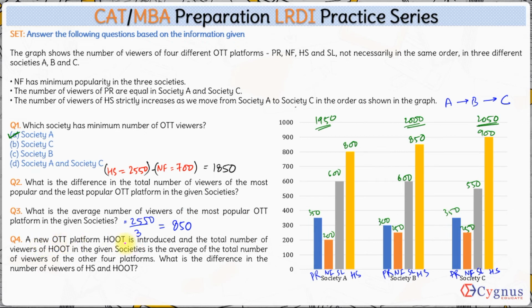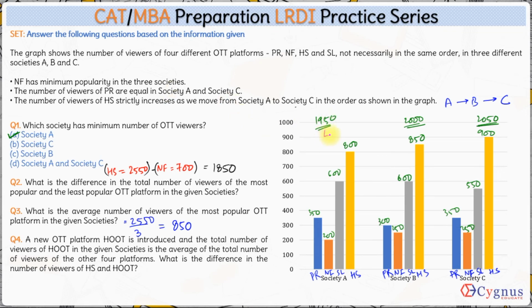A new OTT platform Hoot is introduced, and the total number of viewers of Hoot in the given societies is the average of the total number of viewers of the other 4 platforms. What is the difference in number of viewers of HS and Hoot? Okay. Now the total number of viewers for Hoot in each of these 3 societies will be the average of the other 4 channels, right?